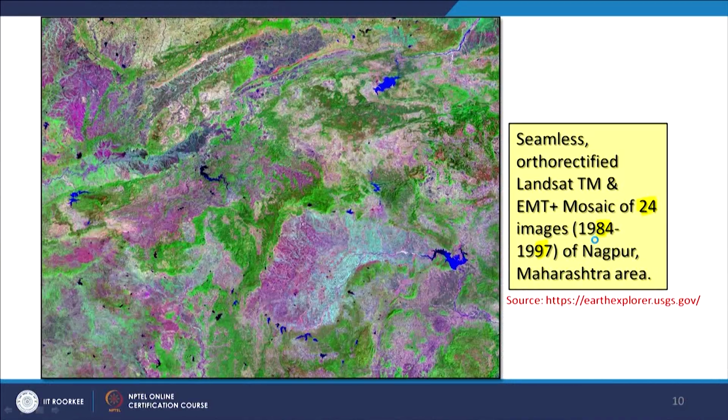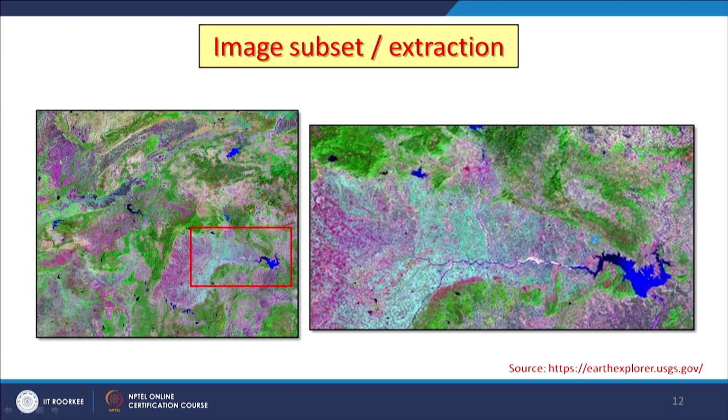In this example, the image which we have been seeing of the Nagpur area, Landsat TM and ETM 24 scenes, is the same image here, but this part of it has been extracted, a subset has been created, and this is what you are seeing on the right side.